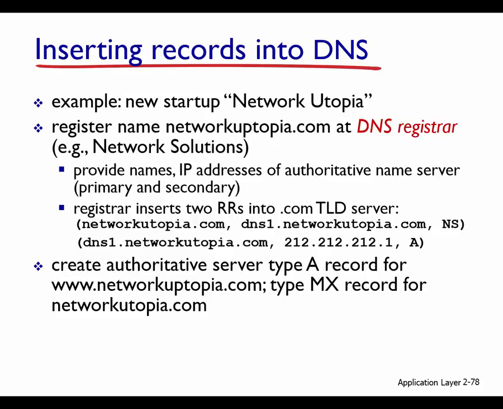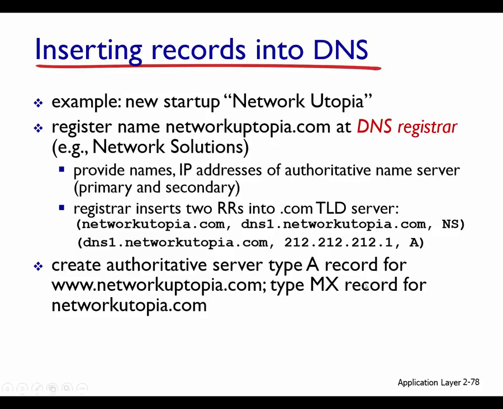So we want to talk a little bit about how this works. There are actually organizations that get the information into the DNS. For example, let's say you had a new startup company called Network Utopia. You're going to be using the .com domain, so you want to register your name as networkutopia.com.